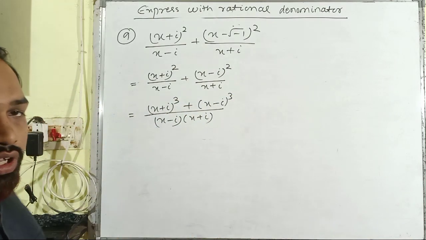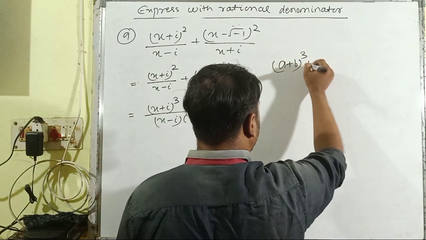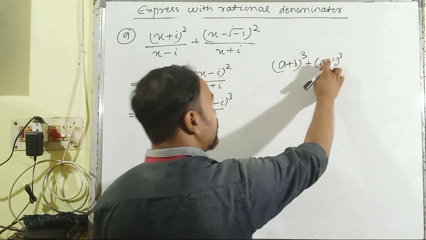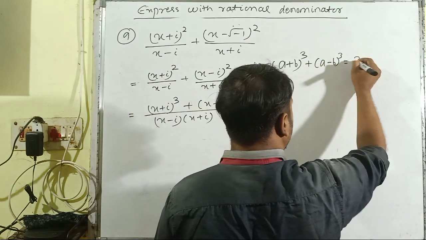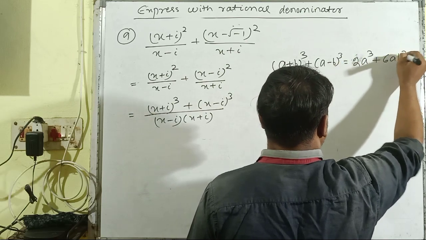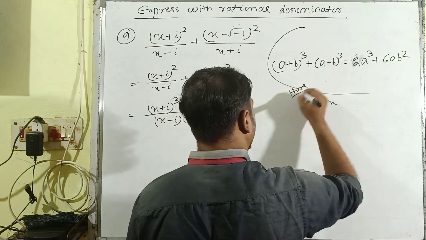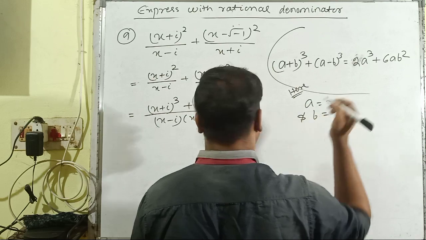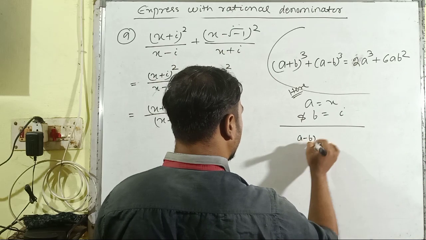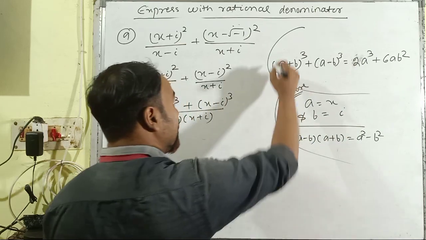Again, moving through the phase of algebraic identity here, we know that the sum of whole cube of a plus b and whole cube of a minus b is 2a cube plus 6ab square, and here a is equal to x and b is equal to i. In the denominator part, it is a minus b multiplied with a plus b, and it is a square minus b square. It is the genuine formula, you know that, but this is the important formula.